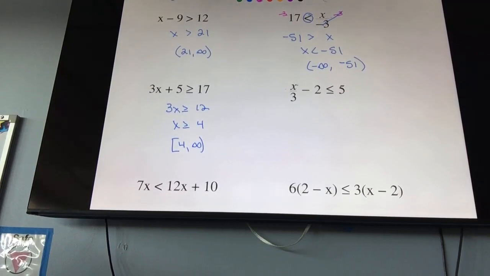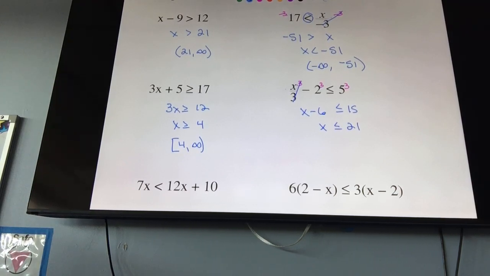On this next one, I'm going to multiply everything by 3 to get rid of my fraction. And I'm going to have 3's cancel there. X minus 6 is less than or equal to 15. And then add 6, x is less than or equal to 21.